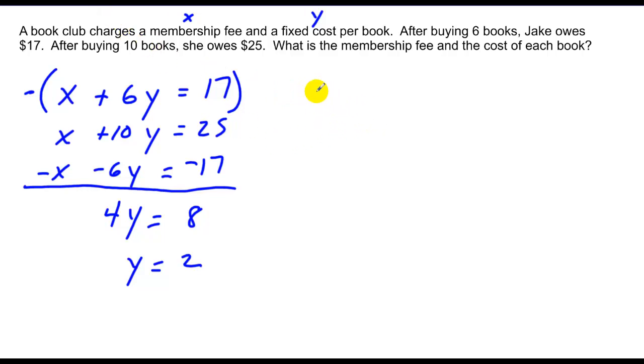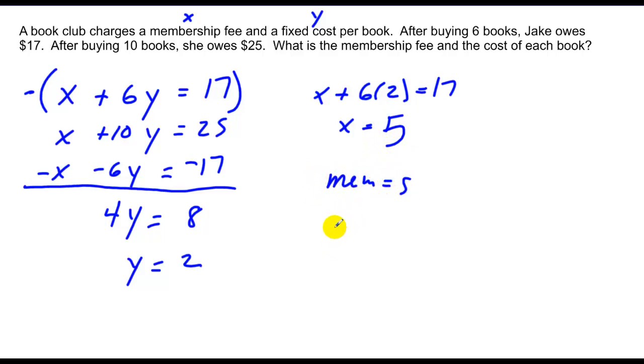I'll get x plus 6 times 2 equals 17. x equals 17 minus 12, which is 5. So we've got a membership equaling 5 and a per book cost equaling 2.